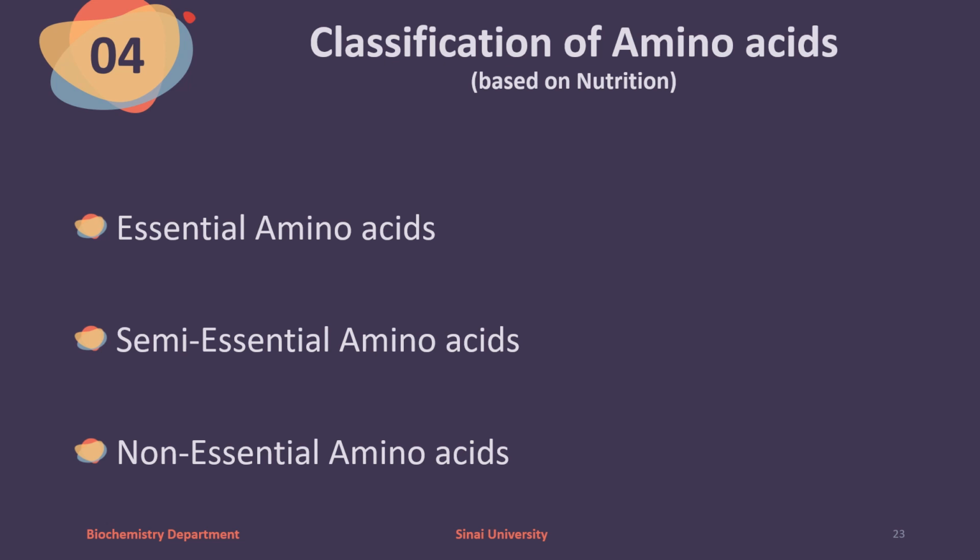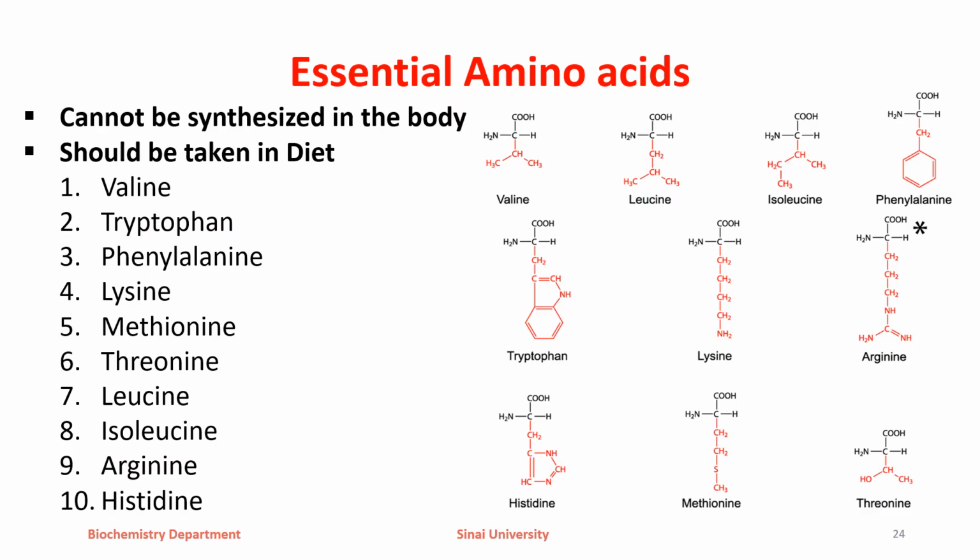Classification of amino acids based on nutrition: essential amino acids, semi-essential amino acids, non-essential amino acids. Essential amino acids can't be synthesized in the body, should be taken in diet, like valine, tryptophan, phenylalanine, lysine, methionine, threonine, leucine, isoleucine, arginine, histidine.